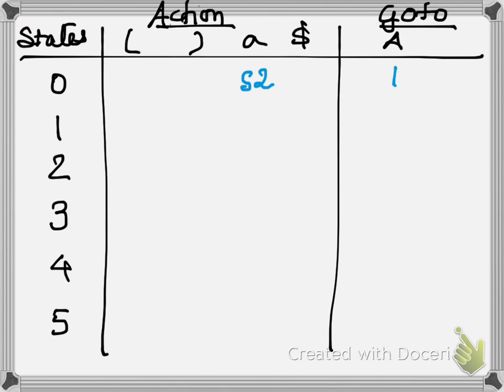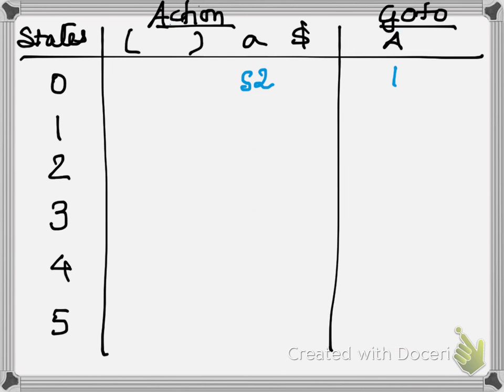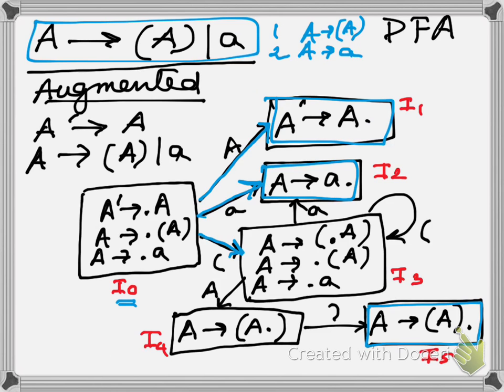Then we'll see one more transition is there. This is labeled with opening parenthesis. So I0 on opening parenthesis goes to state I3. So shift 3. That means move to 3. I0 doesn't have any more transitions. That's it. Now we'll go to the next one.